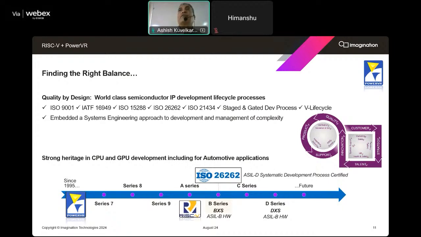Quite interestingly, for anybody who's interested, our automotive GPUs are done out of our team in Pune. So that's a team that understands what it takes to design, verify, and validate automotive grade product.